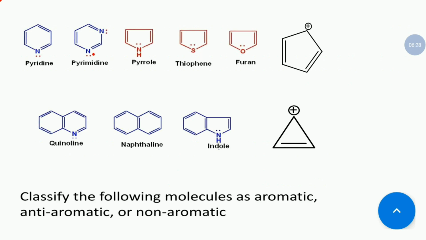But in this case, the nitrogen atom does not have any pi bond with it, that's why the lone pair participates in the conjugation process. It is also the same for both these compounds.